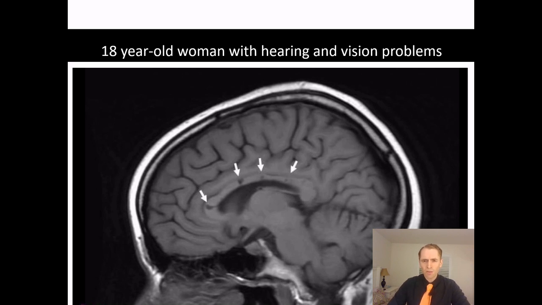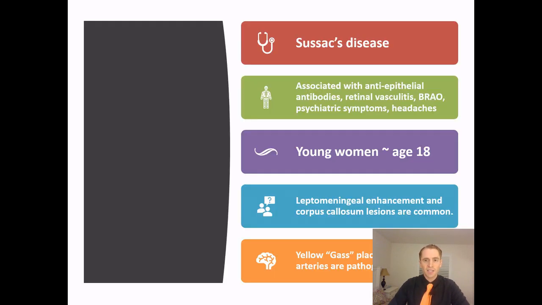Also, on more careful examination, you may realize that her visual difficulty is actually due to vasculitis of the eye rather than due to optic neuritis. Indeed, this woman had Susac disease, which is a rare autoimmune disease of young women involving anti-endothelial antibodies. It's very poorly understood, and it often involves very young patients around age 18. The median age of onset of multiple sclerosis is 30.